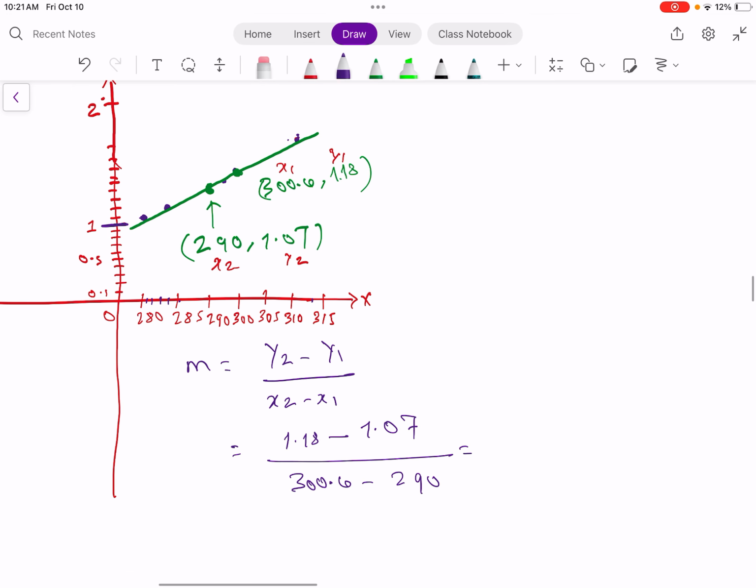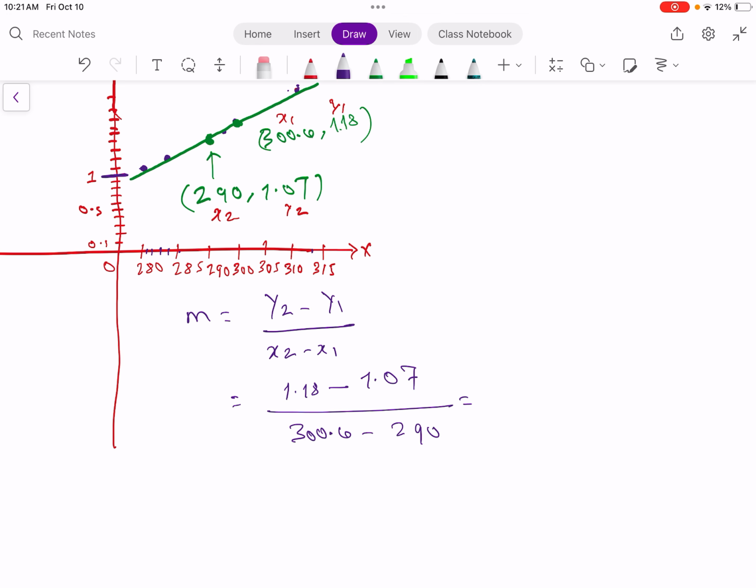Now I need your help, what is 1.18 minus 1.07? That is 0.11, divided by 300.6 minus 290, which should be 10.6.